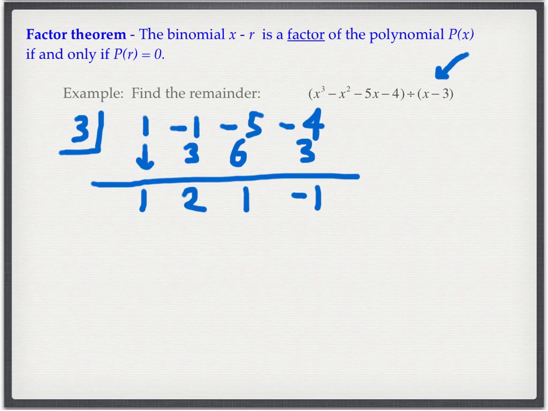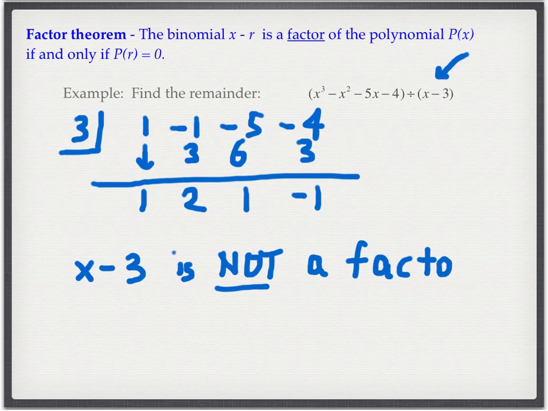Now all I'm really interested in is the remainder here, and so my remainder is what is left over right there. And because my remainder is negative 1, I'm going to say that x minus 3 is not a factor.